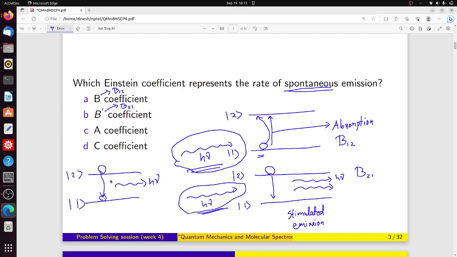This kind of process is called spontaneous emission. This is described by the Einstein coefficient A21 or simply A. So the correct answer is C. These are all taught in class in week 4. Any doubts?